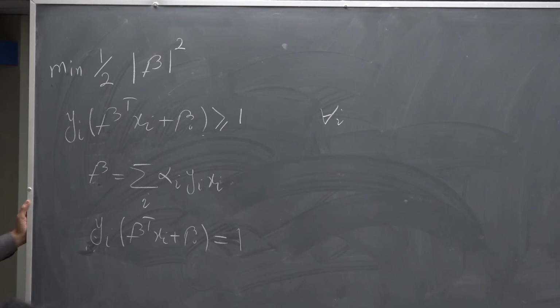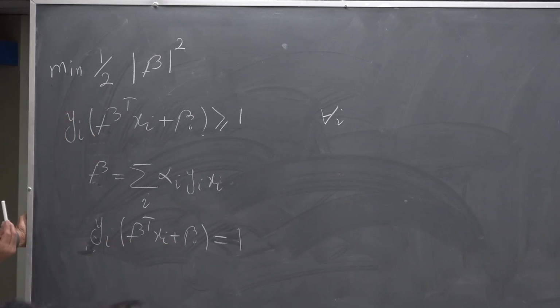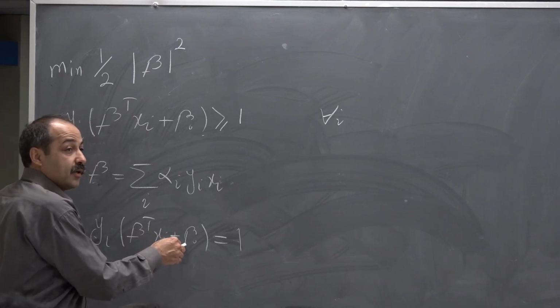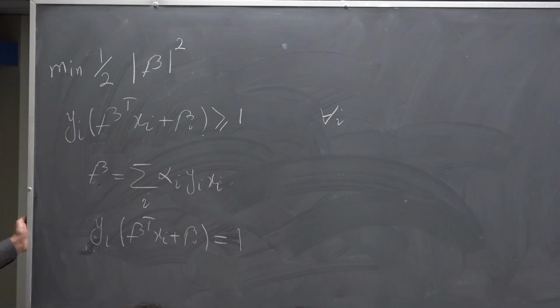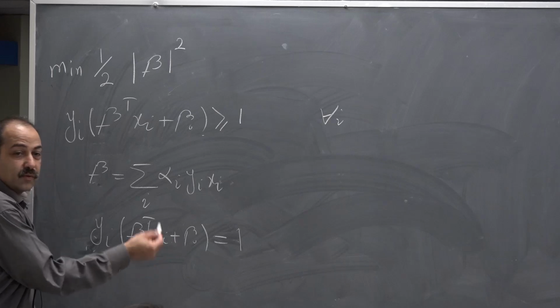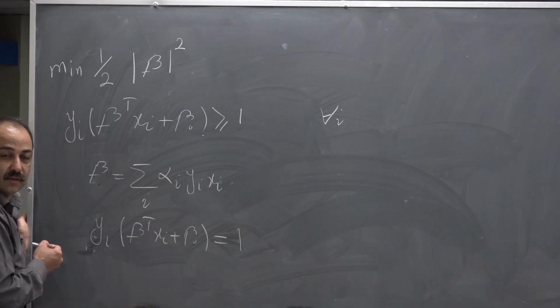For those points that have alpha greater than 0, the support vectors, yi times beta transpose xi plus beta null is 1. We know how to find beta. So for support vectors, we can solve for beta null, right? We can find beta null.